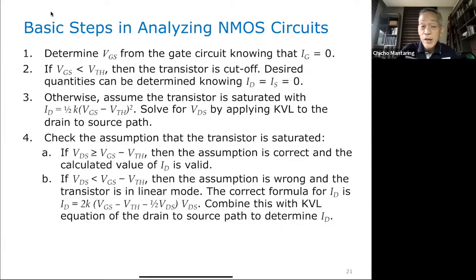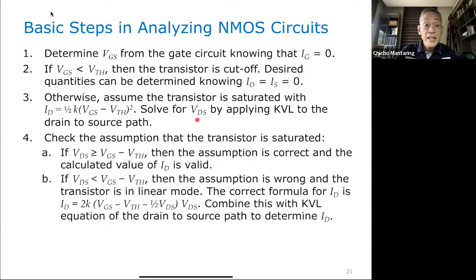So our first assumption is that the transistor is saturated and that we can use this formula for I sub D. Since we already computed VGS in step 1, we can compute I sub D. And then knowing I sub D, we can compute for VDS by applying KVL to the drain to source path.